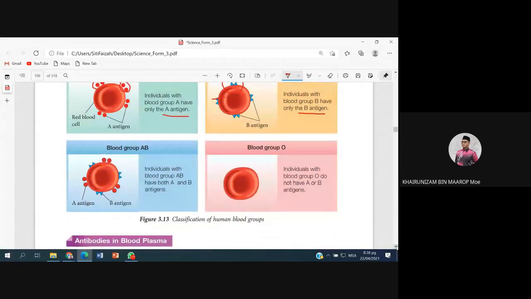While in blood group AB, the red blood cell presents 2 antigens, both antigen A and B, like this. But blood group O doesn't have antigen at all. Clean. No antigen.